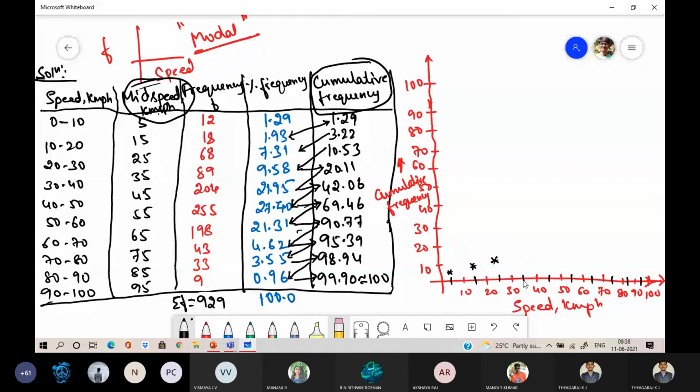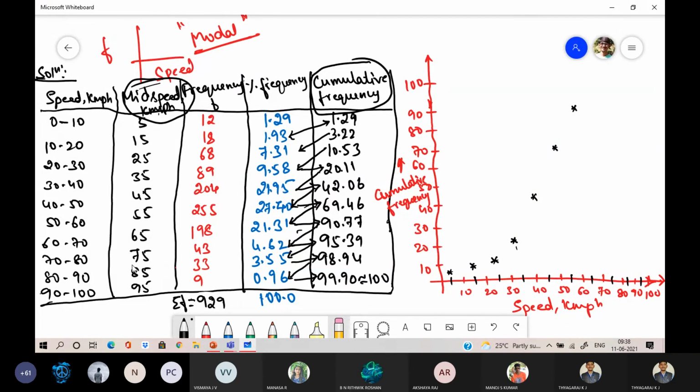Then for 35, it is 20.11. For 45, it is 42. Then for 55, what is the value? Approximately 70. Then for 65, it is 90. So we mark 90 here.